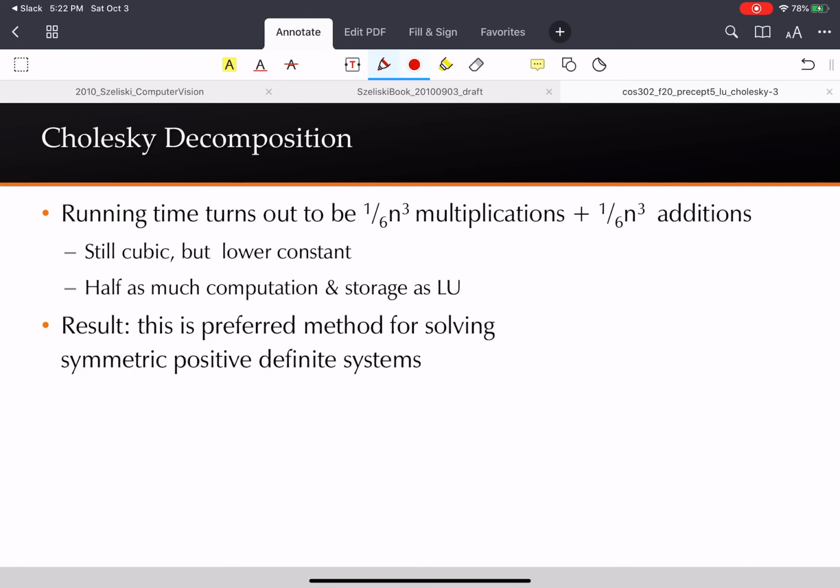Furthermore, because the L matrix and U matrix share the same parameters, we only need half as much computation and storage than a general form LU decomposition. And this Cholesky decomposition turns out to be a preferred method for solving symmetric positive definite systems.